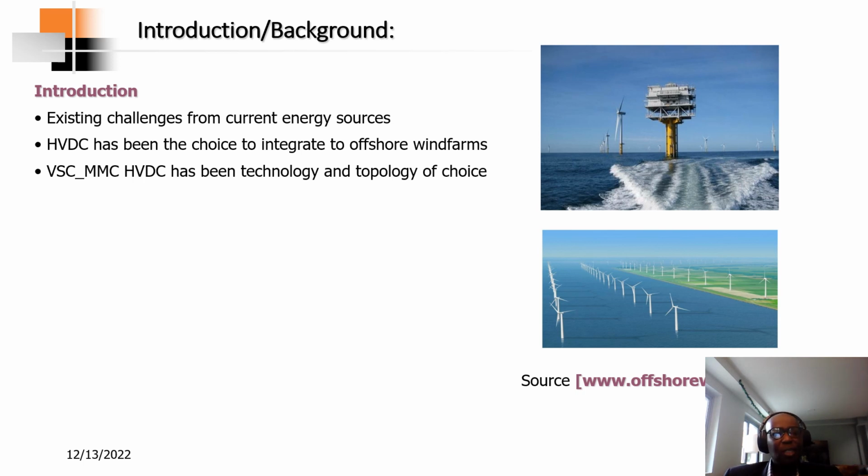Out of the voltage source converters, modular multi-level converters have been proven to be the technology and topology of choice to integrate to these offshore wind farms because of the many attributes and benefits that outweigh conventional voltage source converters. If I talk about conventional voltage source converters, I'm talking about the 2-level and the 3-level converters.